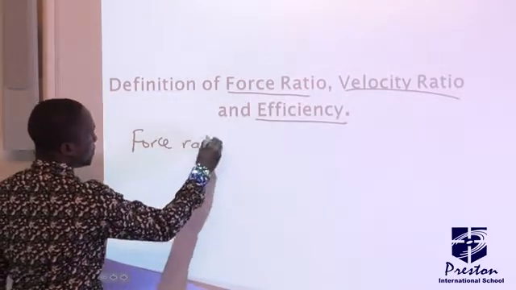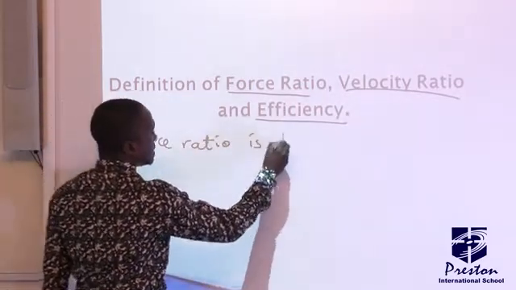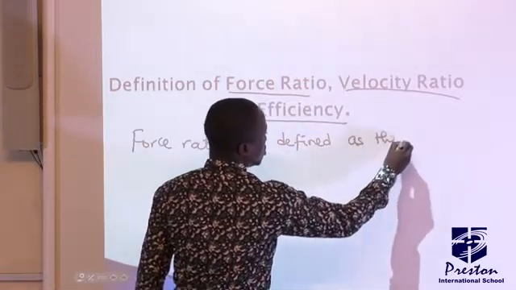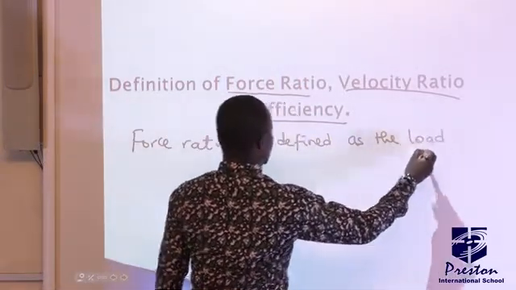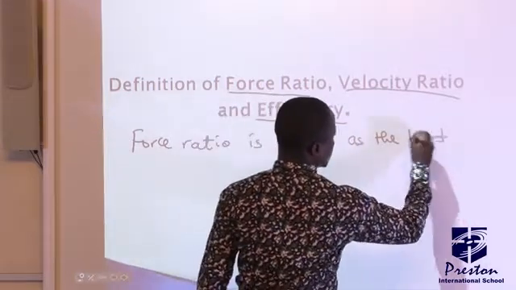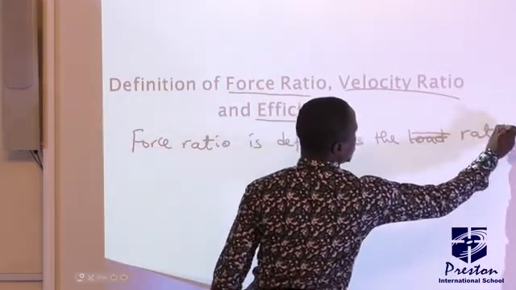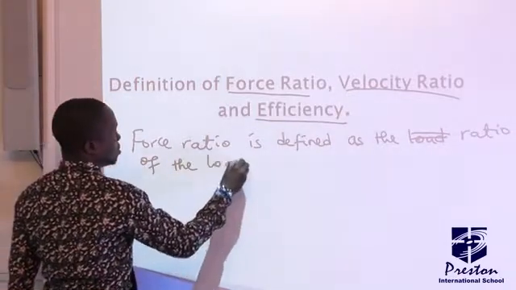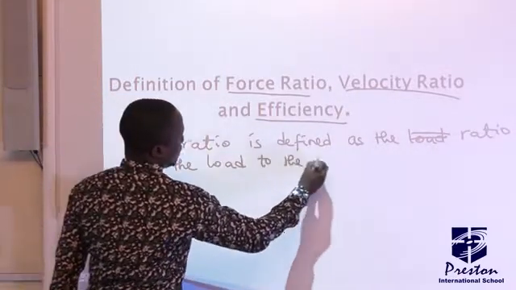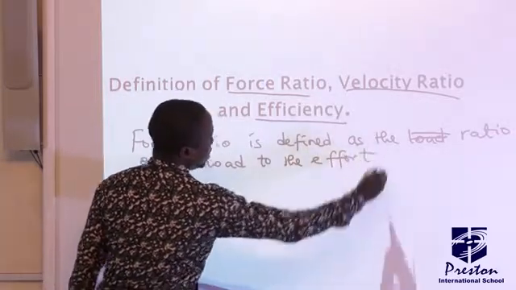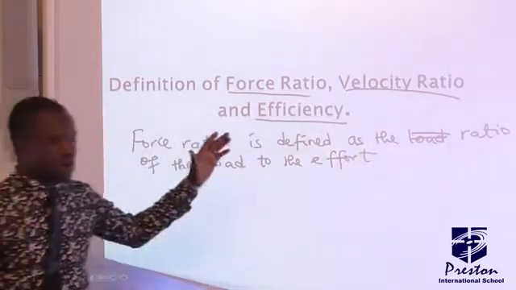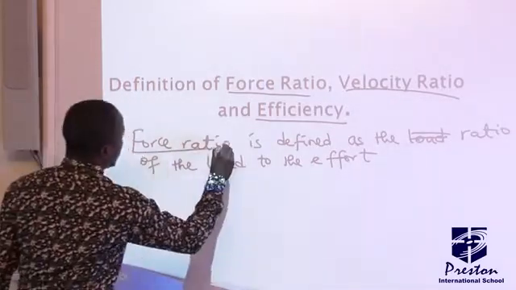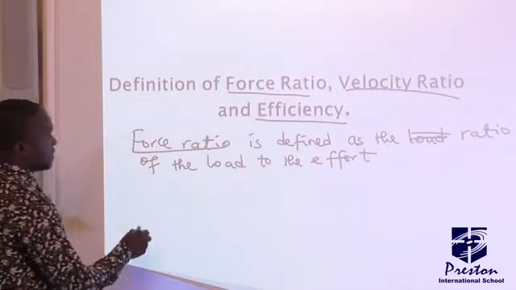Force ratio is defined as the ratio of the load to the effort. That is, if you know your load and you know your effort, by the time you put your load as your numerator and your effort as your denominator, you are going to have what we call force ratio, which is also mechanical advantage.